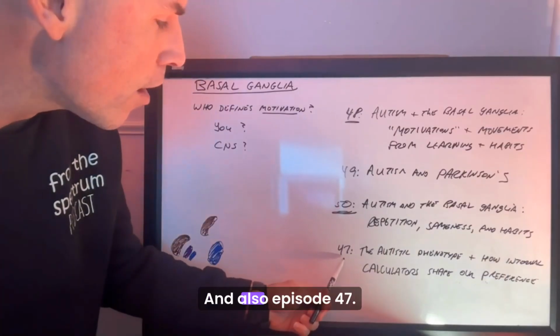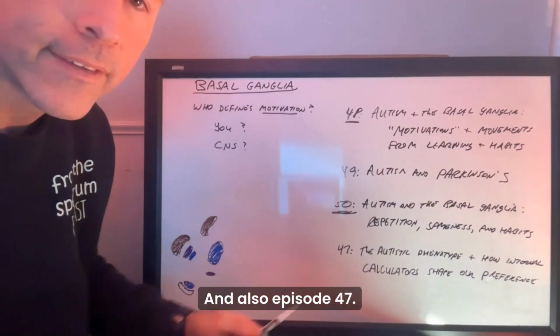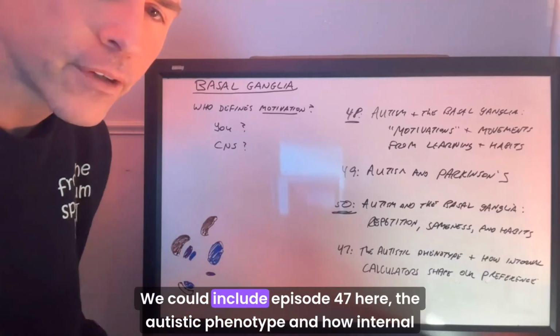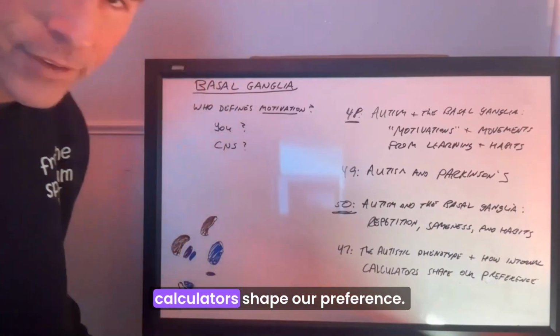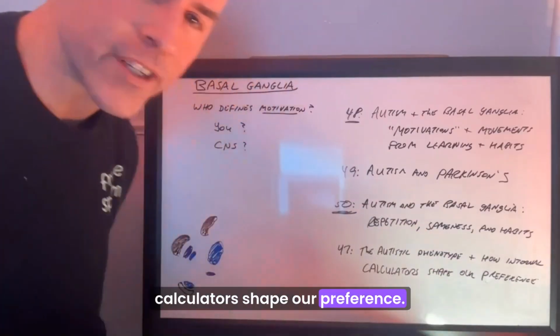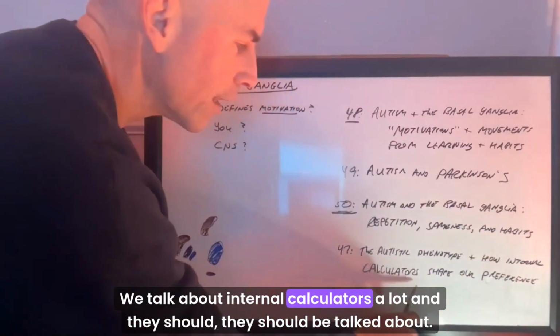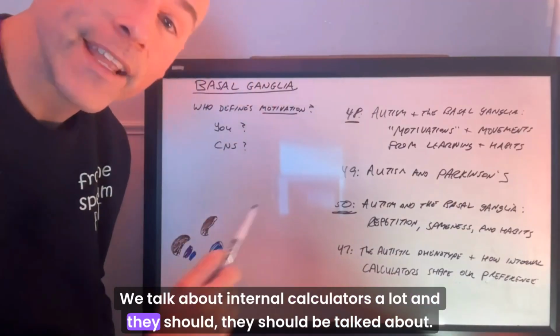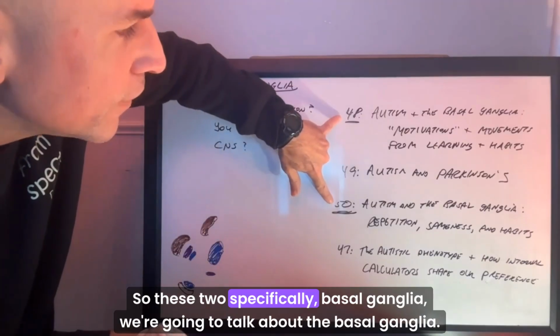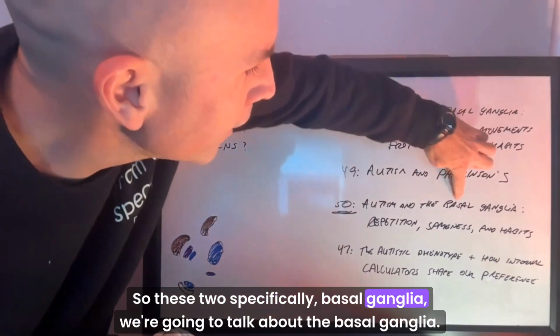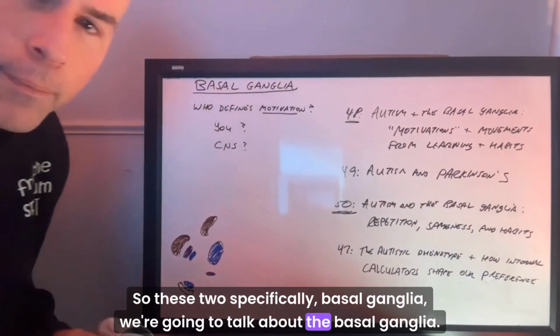And also episode 47, the autistic phenotype and how internal calculators shape our preference. We talk about internal calculators a lot, and they should be talked about. So, we're going to talk about the basal ganglia.